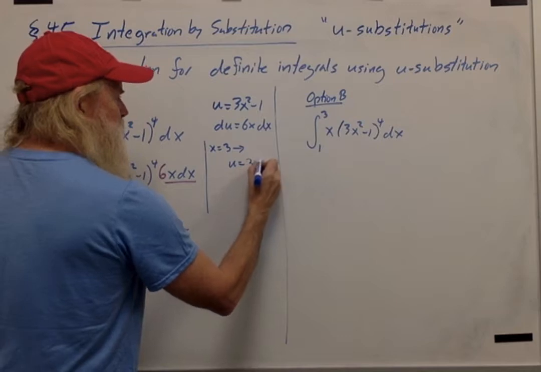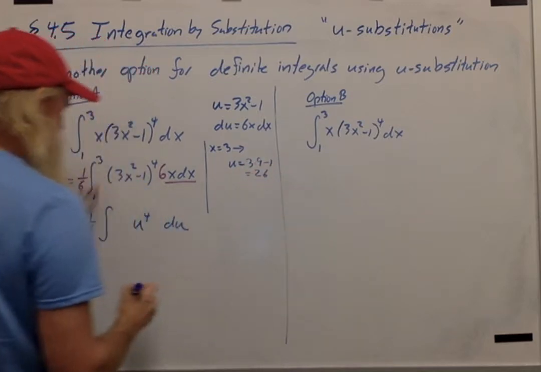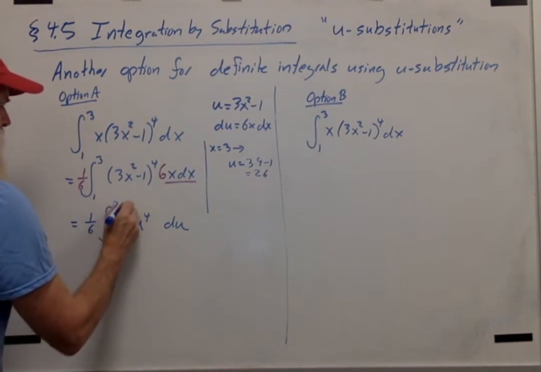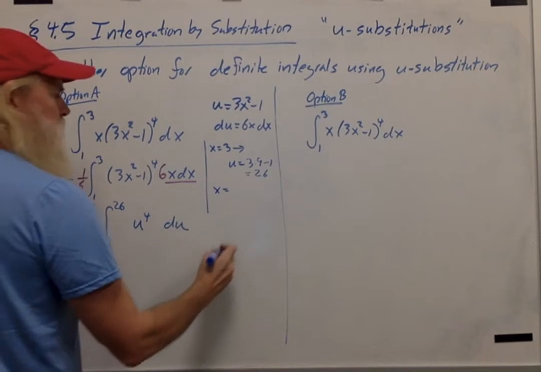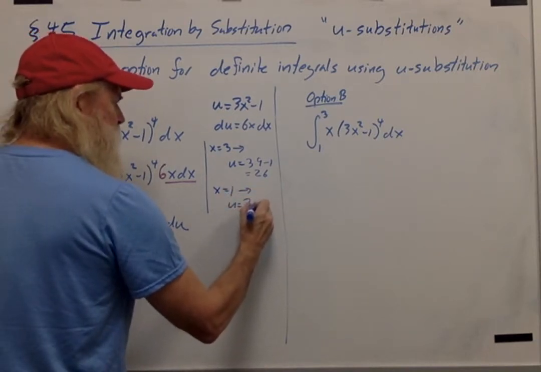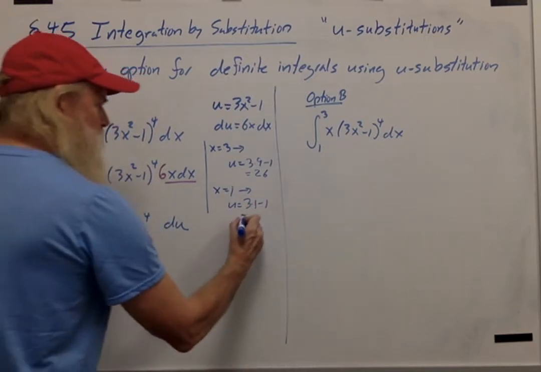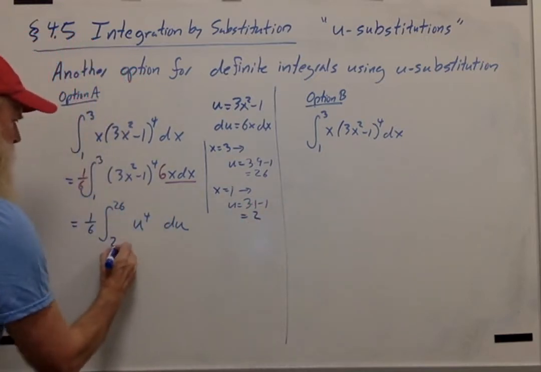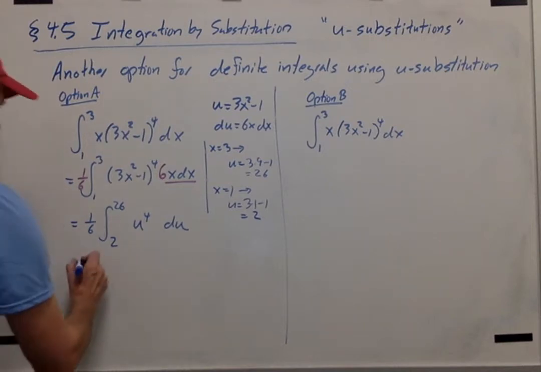So that's 3 times 9 minus 1, which is 26. And if x is equal to 1, then u is equal to 3 times 1 squared minus 1, which is 2. So my u-bounds are from 2 to 26.